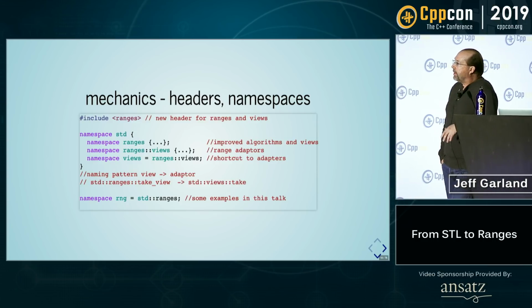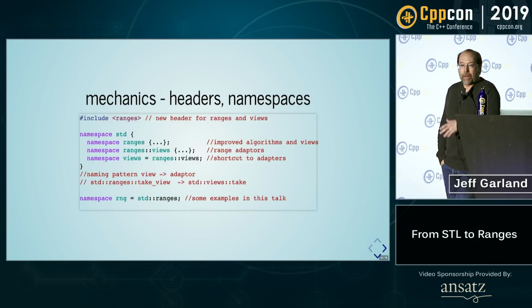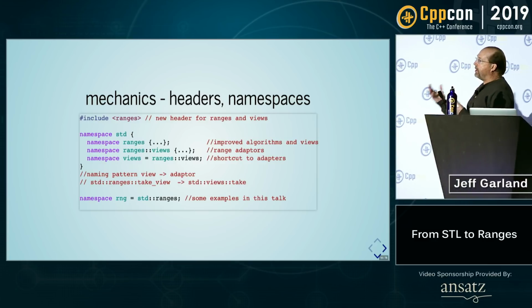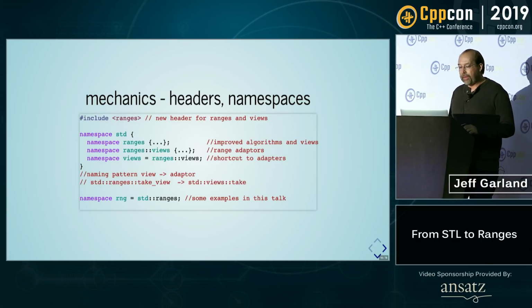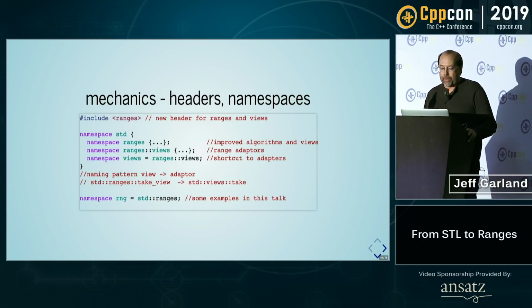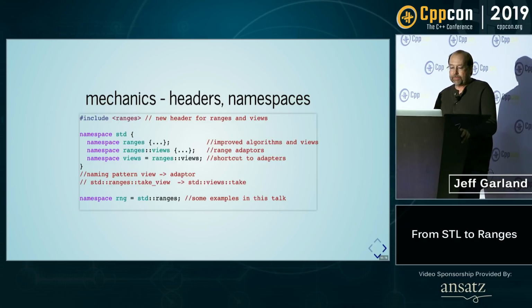You'll see that things in std::ranges like take_view turn into std::views::take. So you can already see the name difference tells you whether the thing is really an adapter or whether it's a view itself. An adapter, again, is just something that can manufacture a view.